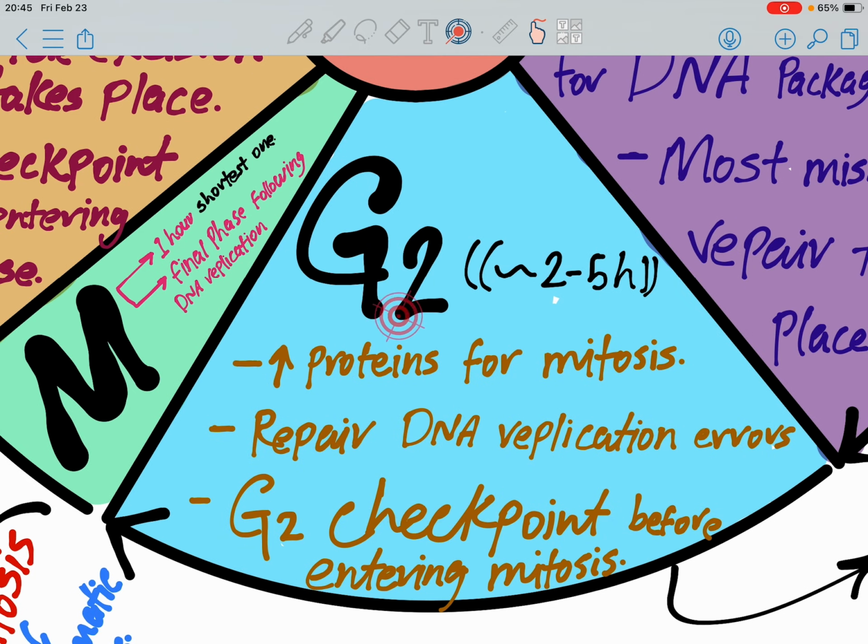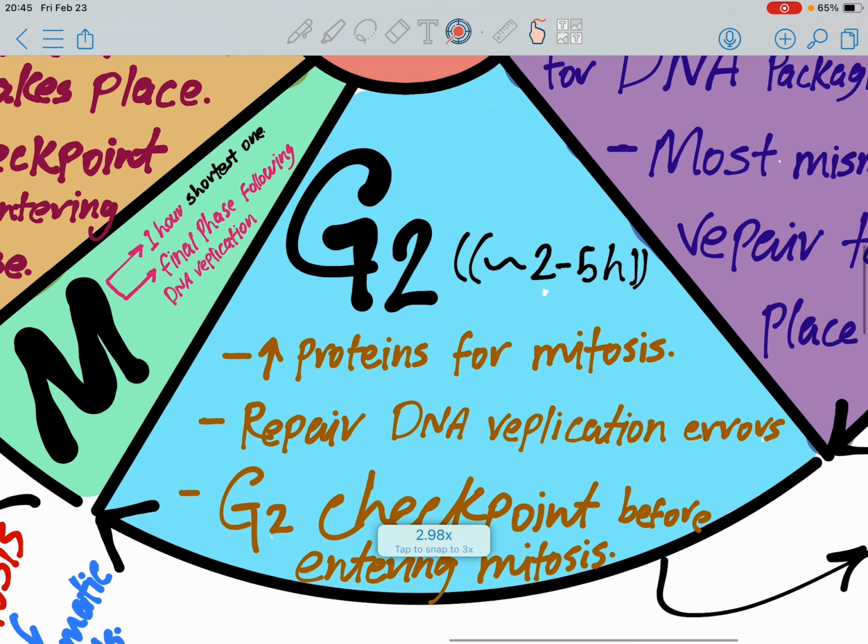Growth 2 needs 2 to 5 hours, and here the proteins needed for mitosis are increased. Why? Because the next phase is gonna be the mitosis. The repair of DNA replication errors takes place here in growth 2 checkpoint before entering mitosis.